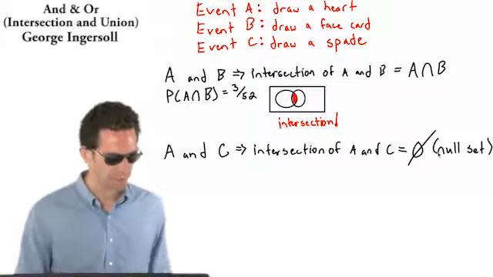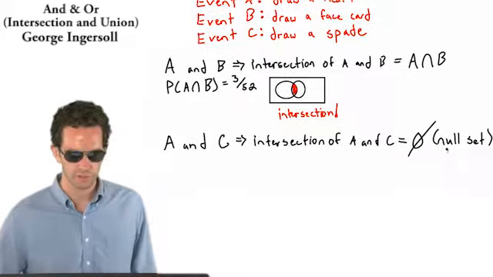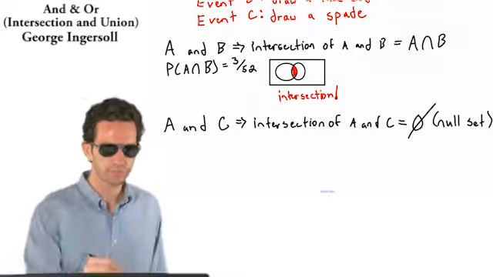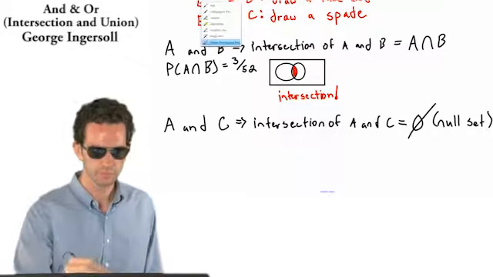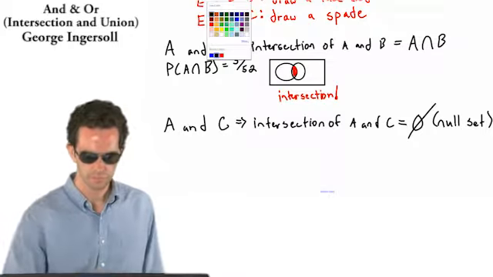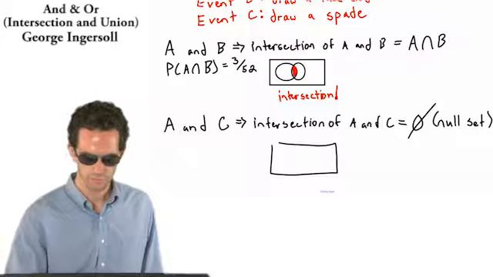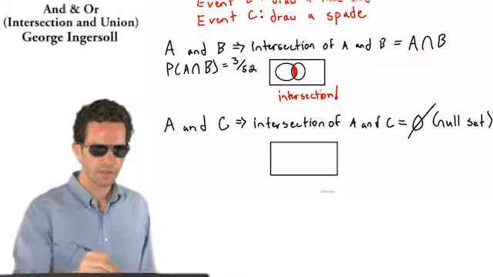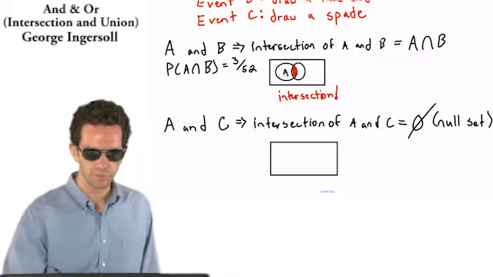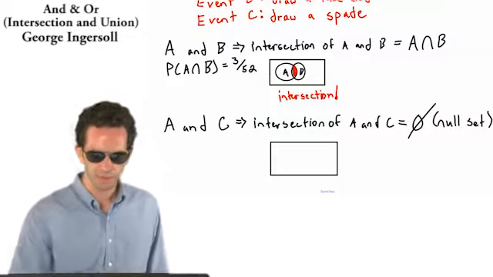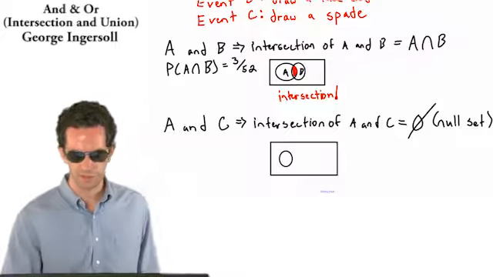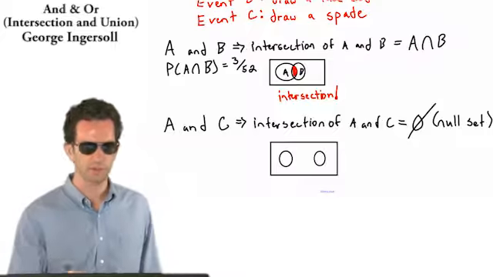So it would look something like this, drawn out. Up here, just to be clear, here we had A and here we had B. Now we've got A over here and C over here.